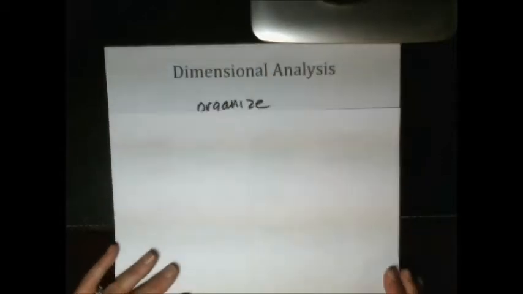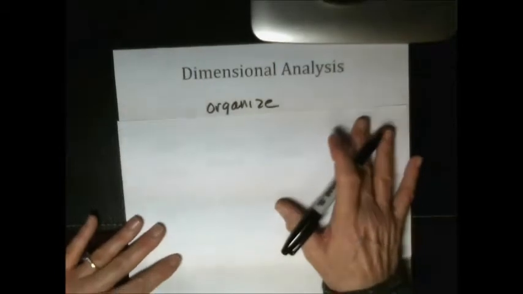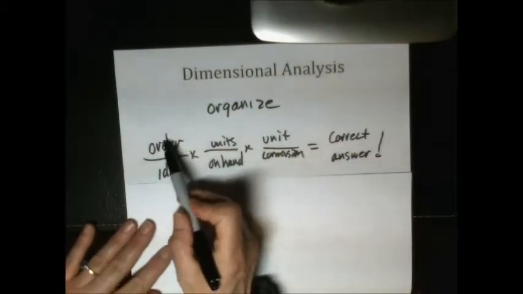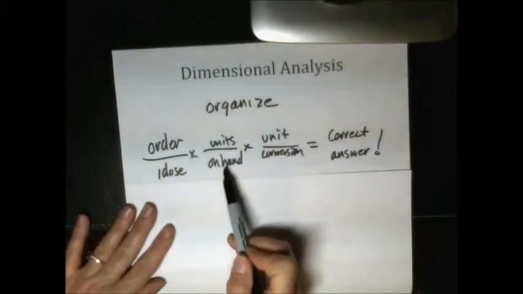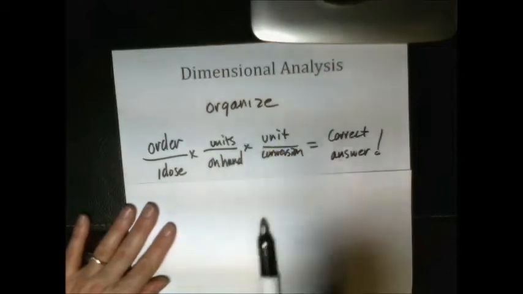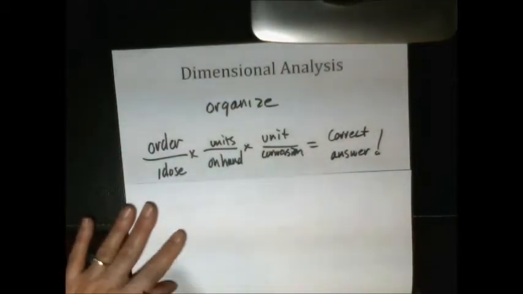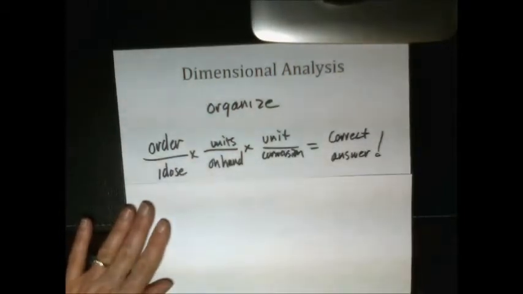So to review, dimensional analysis is a method for us to organize our math calculations. We're always going to put the order on the left-hand side, the units that we have on hand in our pharmacy or Pyxis. If we need a unit conversion, that comes next, and we're going to cancel like units and come up with our correct answer.